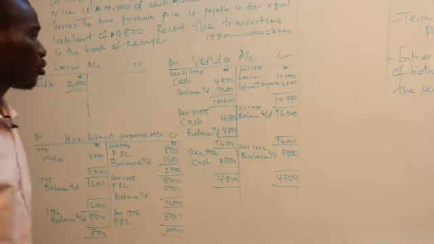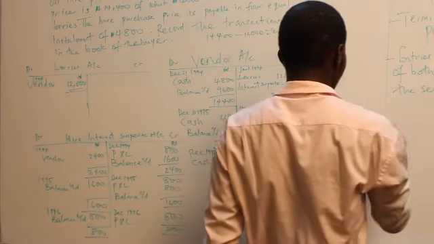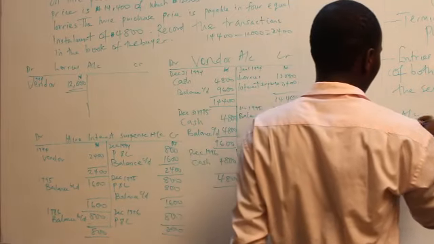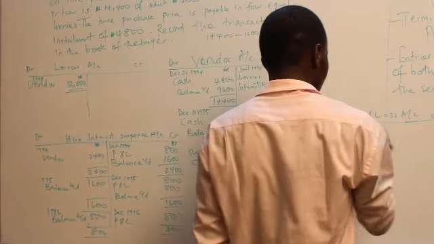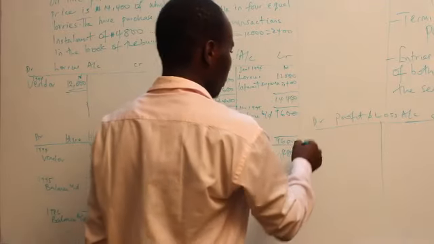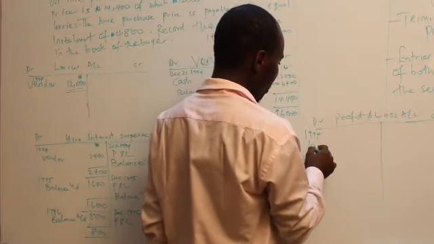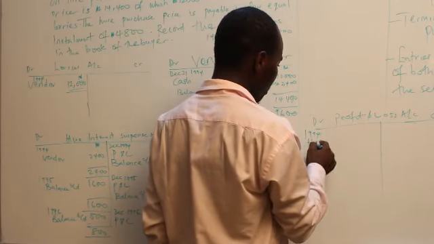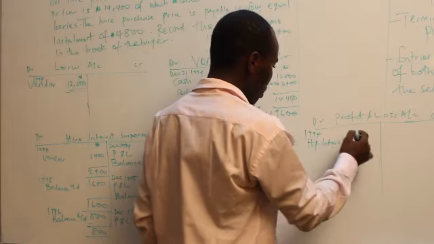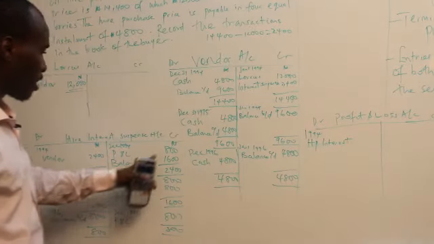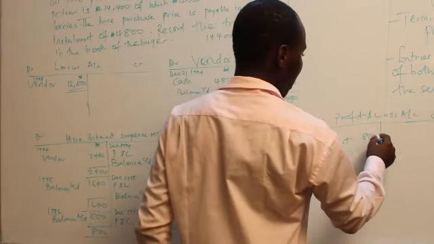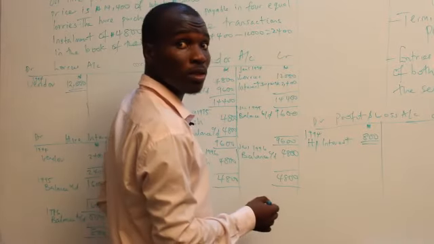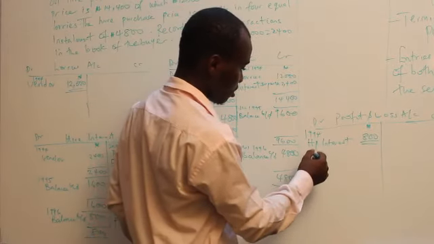So the next account to be opened is our P&L account, the profit and loss account. As at 1994, we have HP interest, hire purchase interest. How much interest was recognized at 1994? 800 naira was recognized. So the P&L account will be debited with the double entry, hire purchase interest.